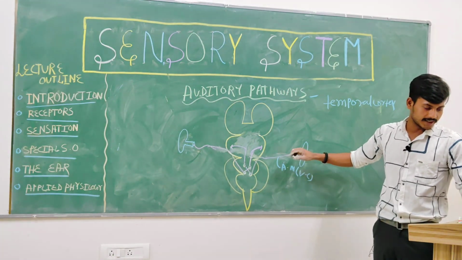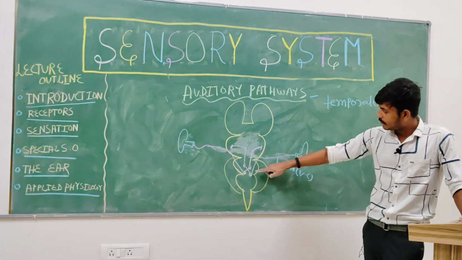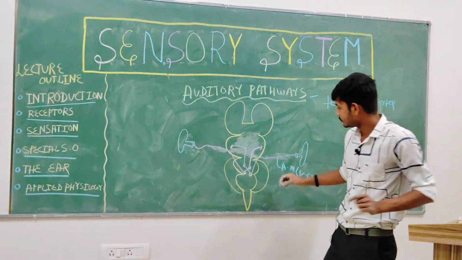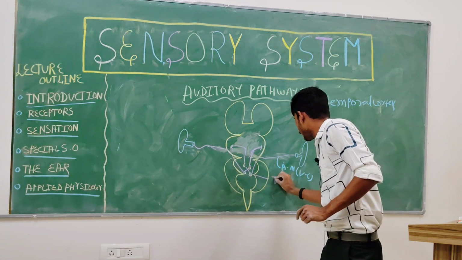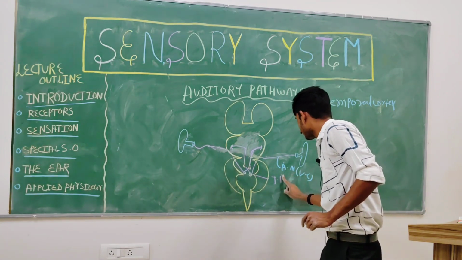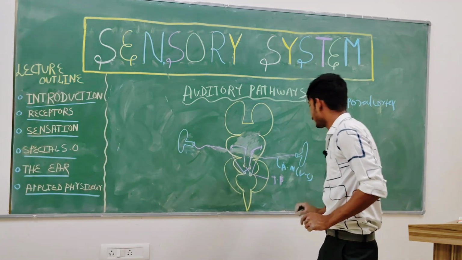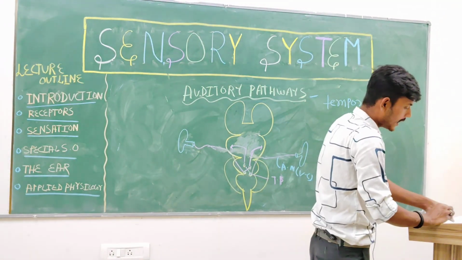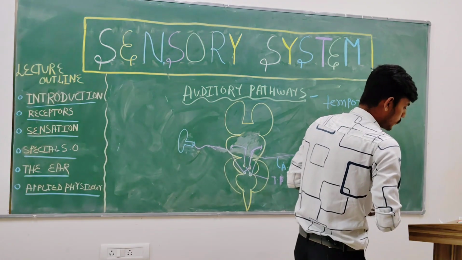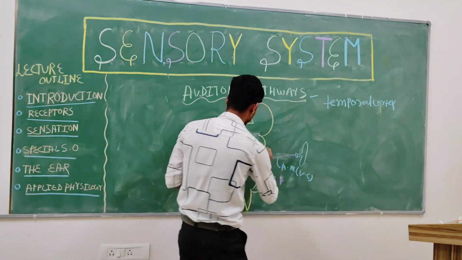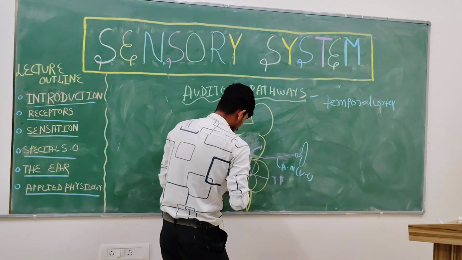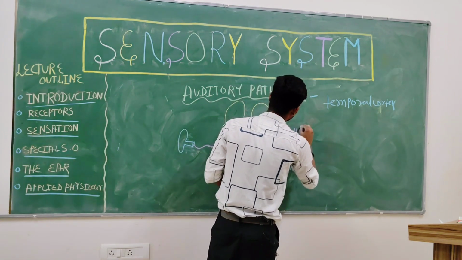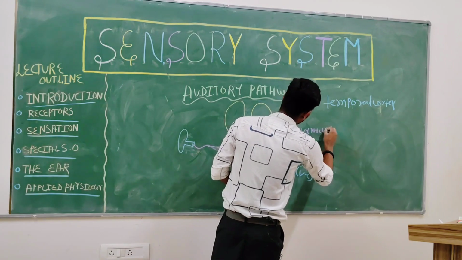If you talk about their names, then this nucleus is called the trapezoid body. Then you have another nucleus called the superior olive nucleus.